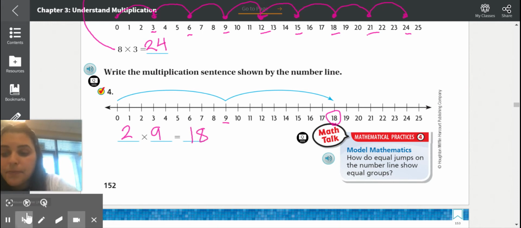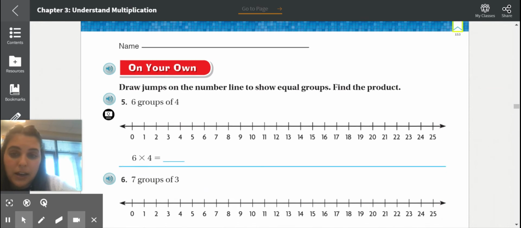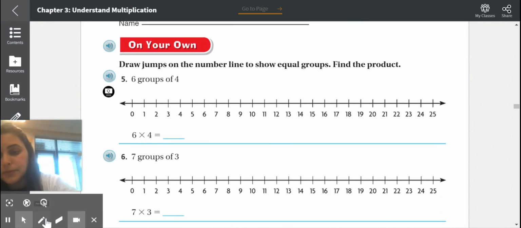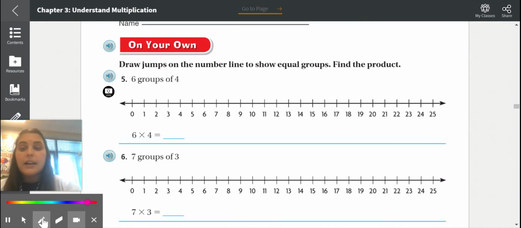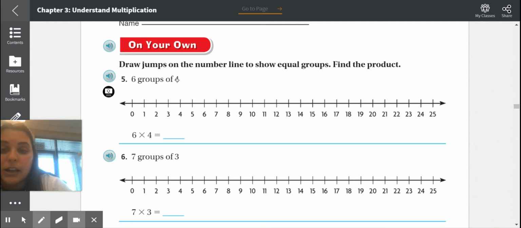Go ahead and turn the page. All right. 6 groups of 4. So we're going to be drawing 6 jumps, so there will be 4 in each. Count 4 more. 1, 2, 3, 4.